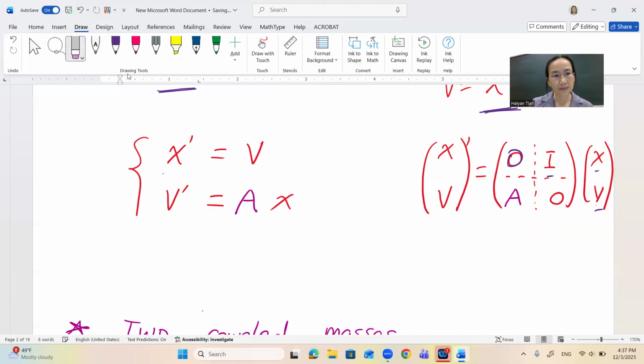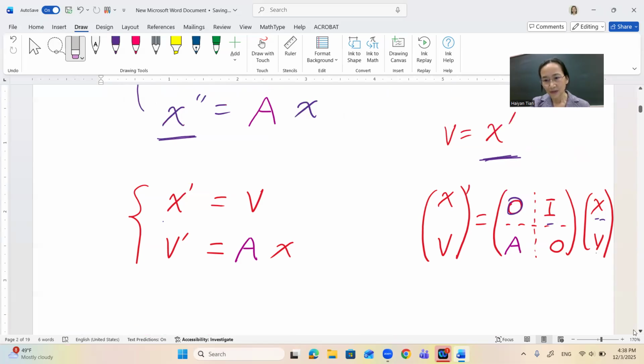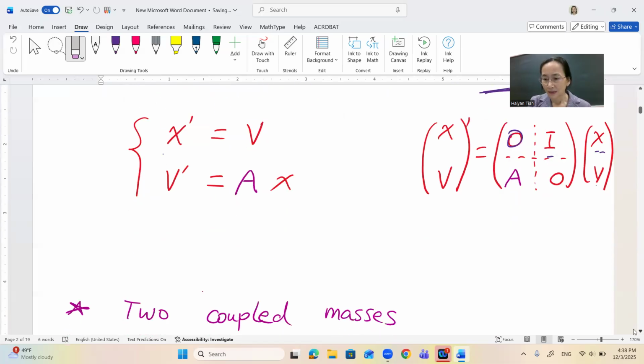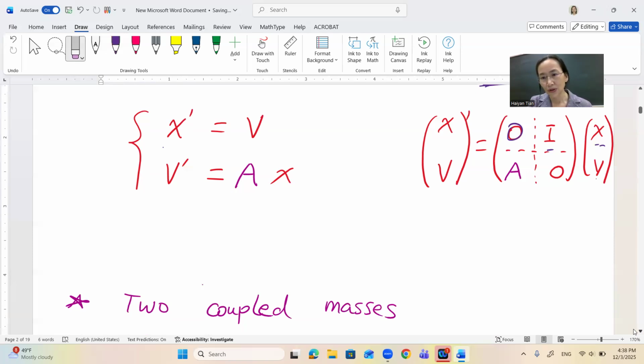And the second equation, A times x plus 0 times V. So we can see that the new system is written as first order. So for the first order, we know we can use real and complex eigenbasis theorems to solve the system.